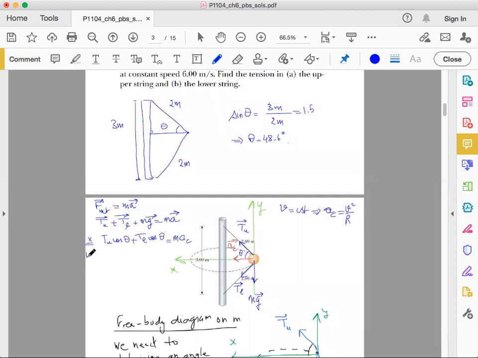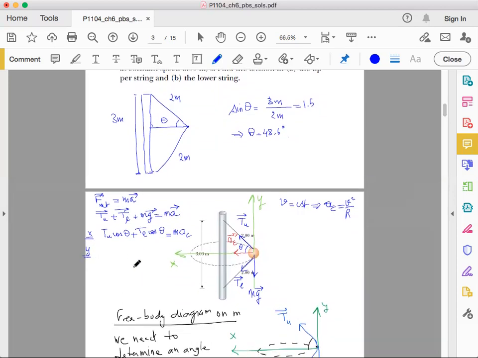And then along the y-axis, we would end up with plus TU sine theta, and then minus TL sine theta, and then minus mg.